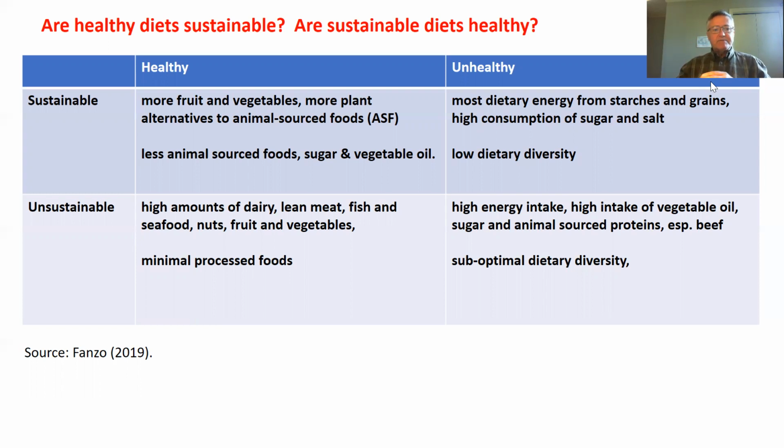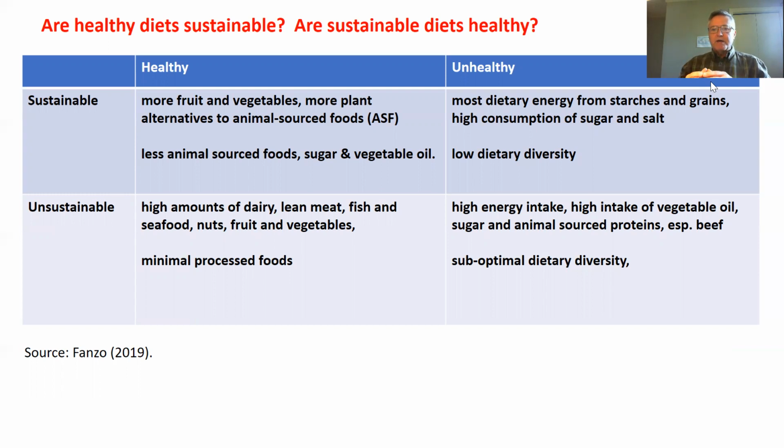And then there are sustainable diets which aren't healthy. That's when we get starch. Almost all of our diet is in terms of starches and grains, and also high consumption of sugar and salt as cheap sources of energy, but low dietary diversity and low amounts of animal sourced foods or their plant-based substitutes.